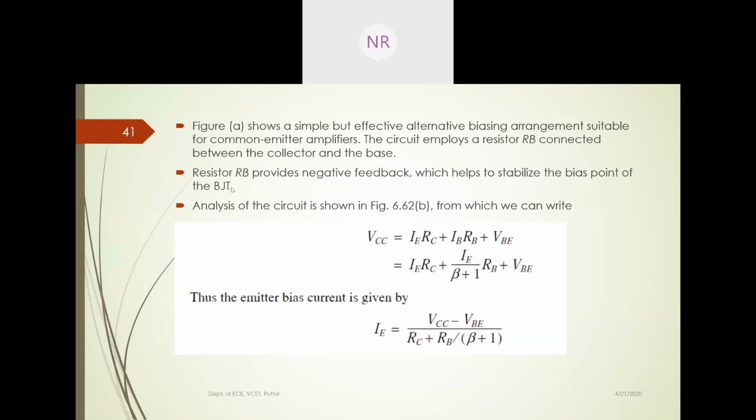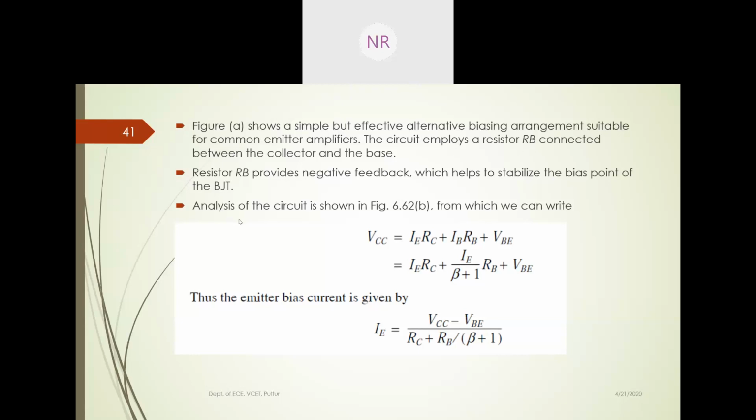In the sense, why the feedback is used: suppose your output is not of the value that you are going to get, then by varying the value of RB, you are going to obtain the proper outputs. That is why the feedback RB is provided here.